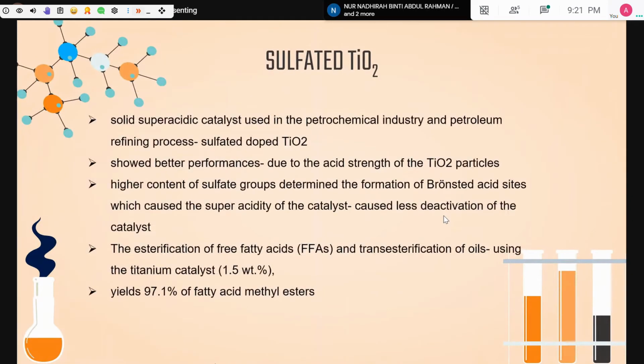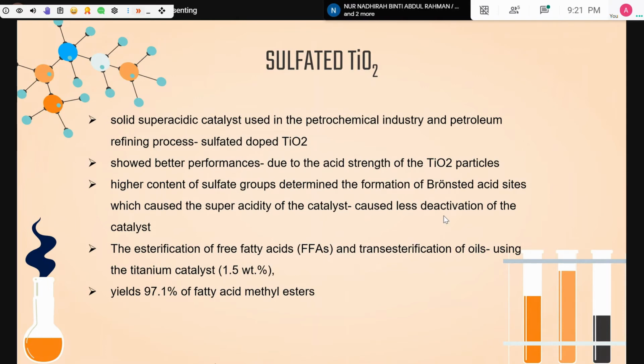Sulfated titanium dioxide is one of the titanium-based catalysts. A solid superacidic catalyst used in the petrochemical industry and petroleum refining process is sulfated titanium dioxide.